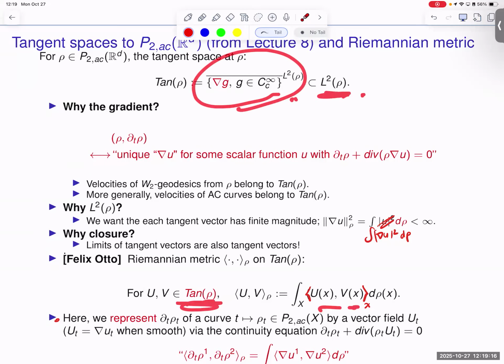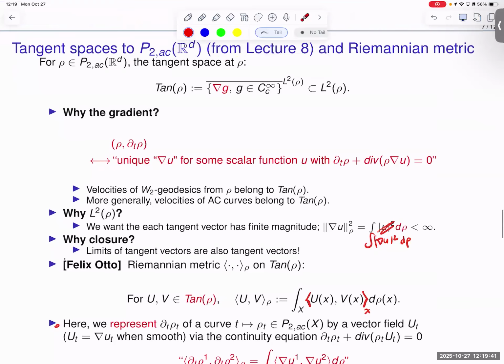But in a way we already used this abuse of concept, where we represented tangent vectors in the space of probability measures with vector fields on the underlying space. So we had this abuse of concept already. Okay, all right.